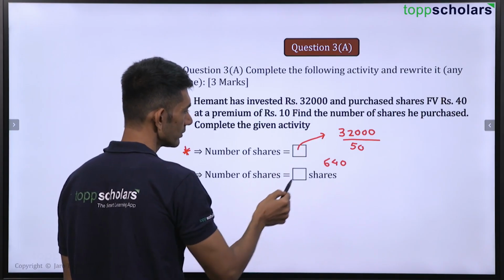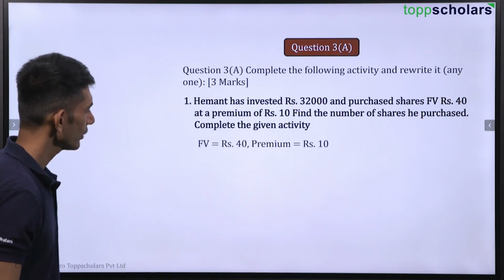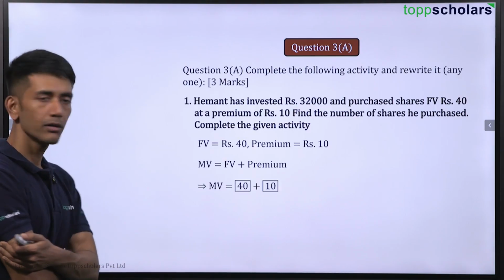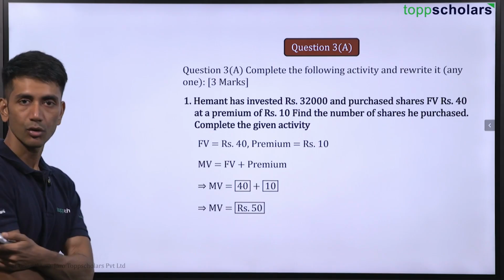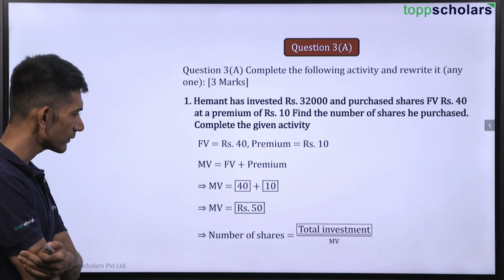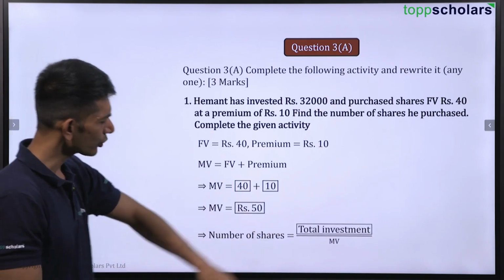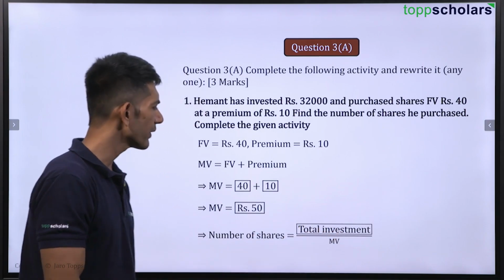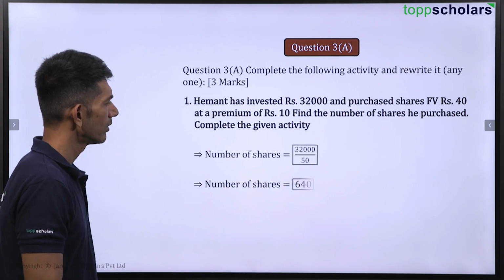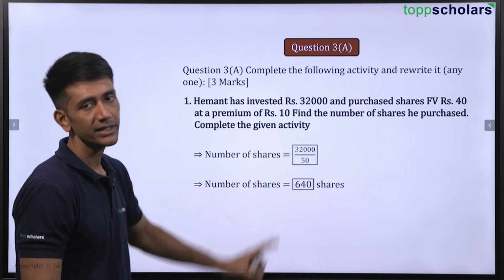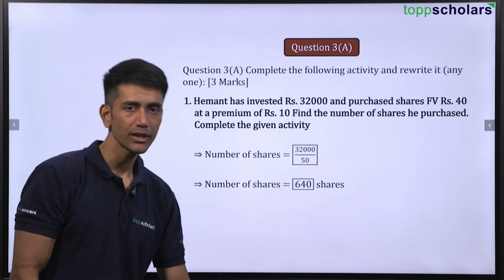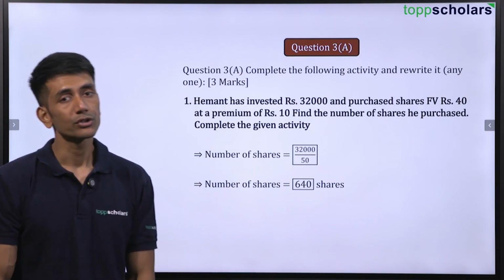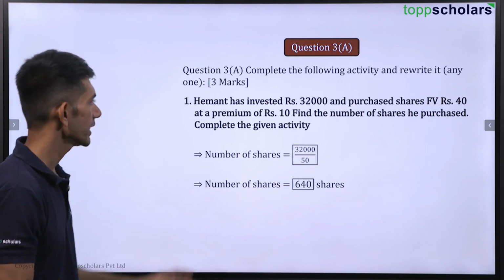Then value substitution, final answer. So let us see here. Market value is face value plus premium, 40 plus 10, rupees 50. Total investment, this is your choice, amount invested, total investment divided by market value. Putting the values first, then getting the answer. Don't write down 640 in both the cases. And that is how you solve this question based on shares.